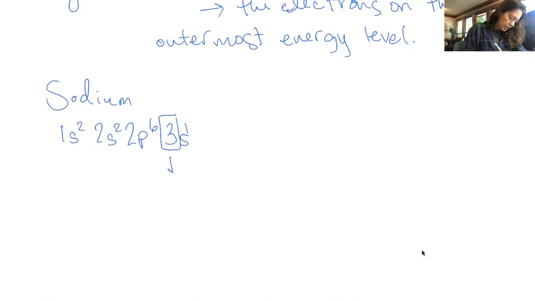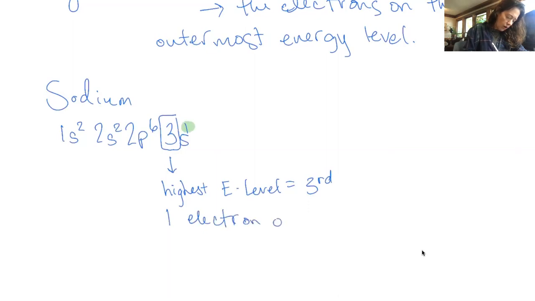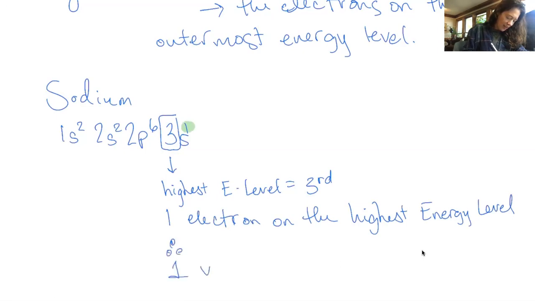So the highest energy level equals third. And according to my configuration, I have one electron on the highest energy level, right? Therefore, I have one valence electron. Simple as that.